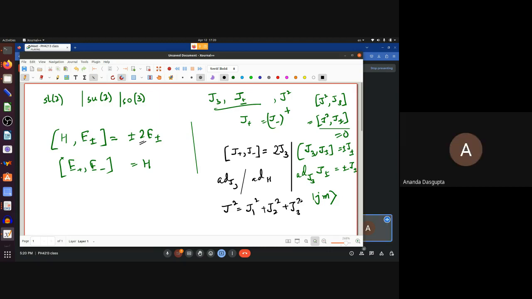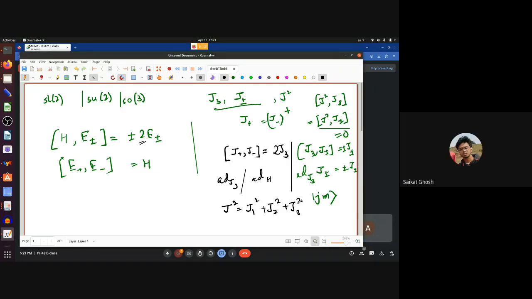No, but wait a minute. I think you're confusing two entirely different things. Conservation says that as time evolves, something cannot change, right? But I'm asking about a state that already has a huge J3 eigenvalue. Remember, these states, if they commute with the Hamiltonian, would even be stationary states. They don't evolve in time. Their properties don't change. So conservation is not even an issue here.